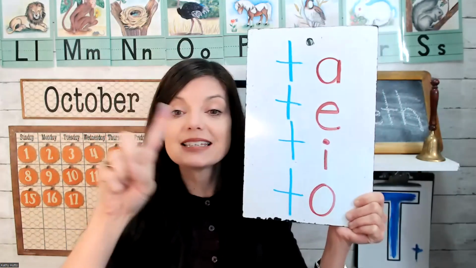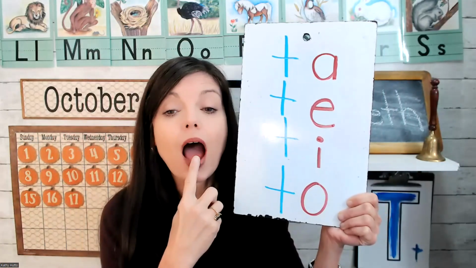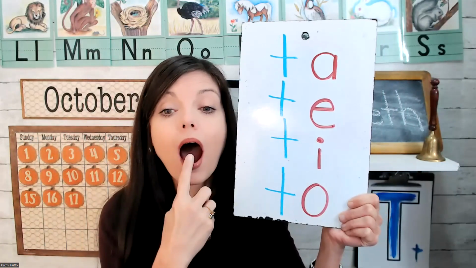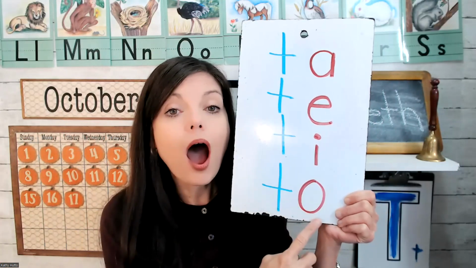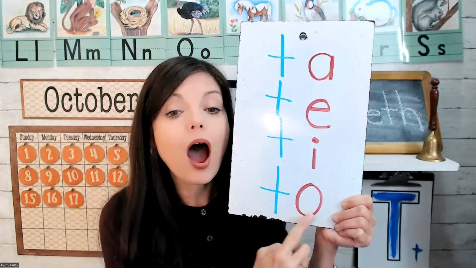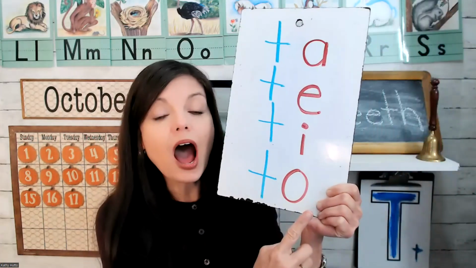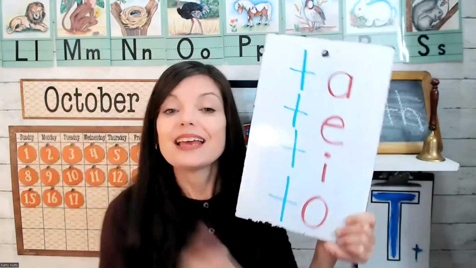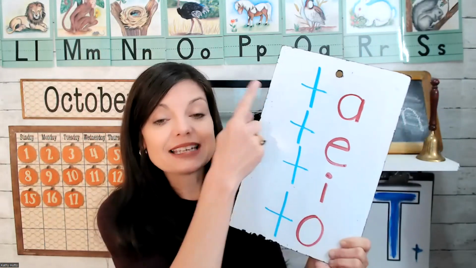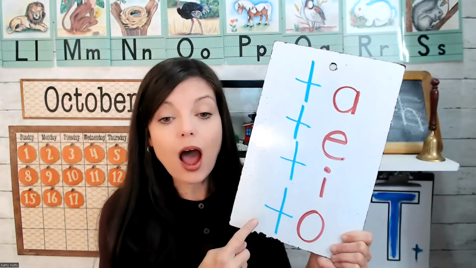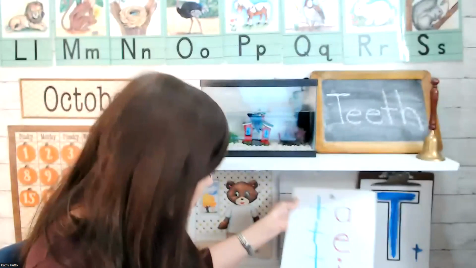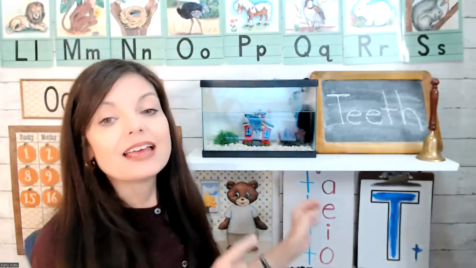T says t, and O says ah, t, ah, ta. You try. Ta, ta, like top. You did a great job blending ta, te, ti, ta. You practice those later today if you're ready for that.